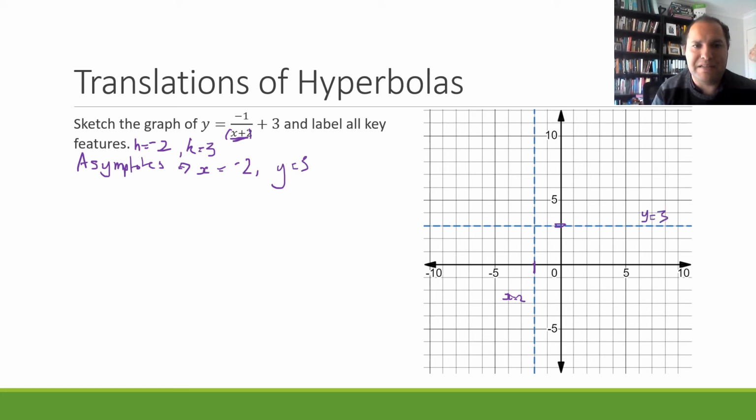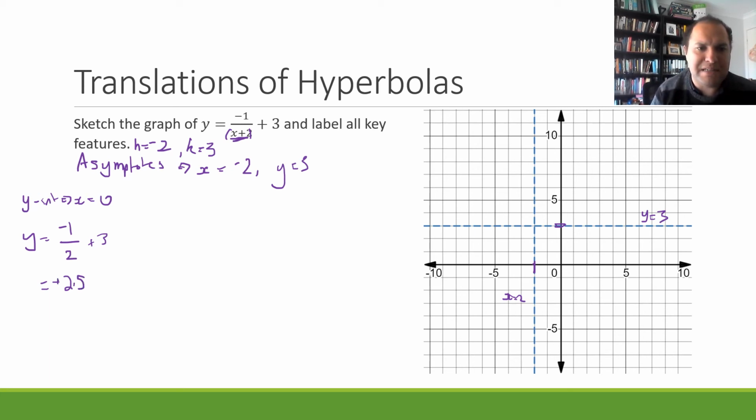And now we can find our intercepts. So we'll do our y-intercept first. So y-intercept means x equals 0. So subbing that in, y equals -1 over x plus 2, with x equals 0, so 0 plus 2, which is just 2, plus 3. -half plus 3 is positive 2.5.